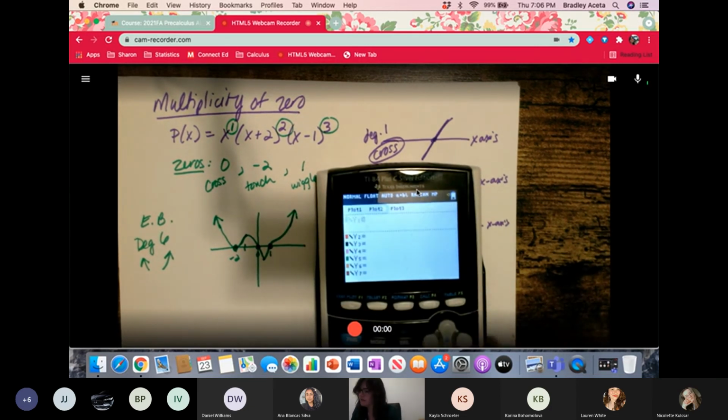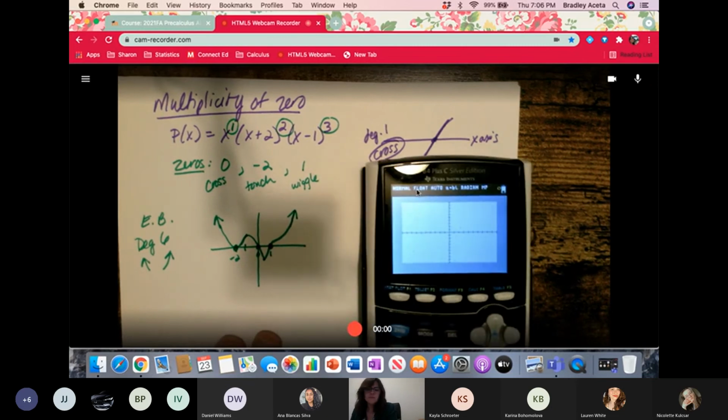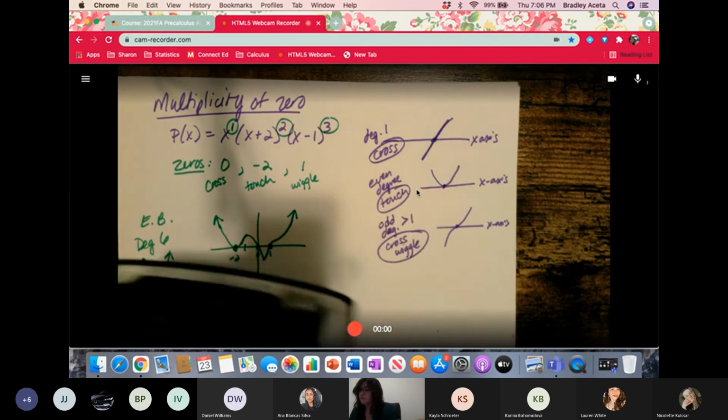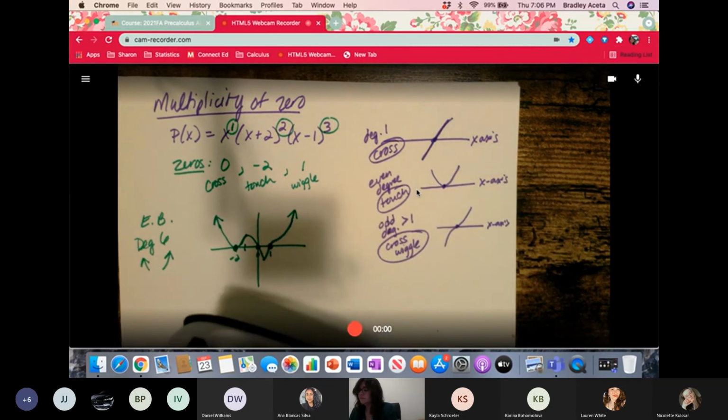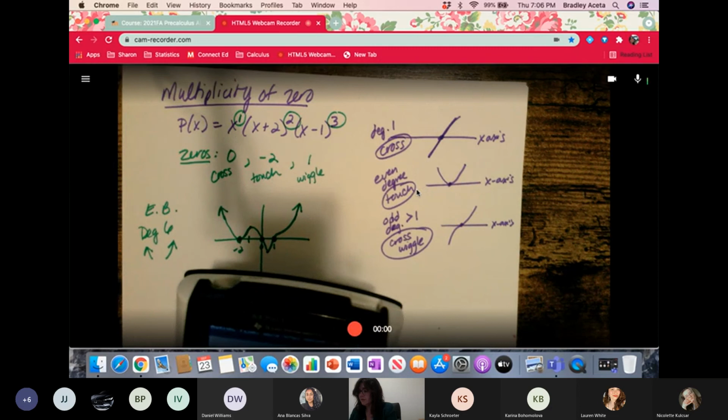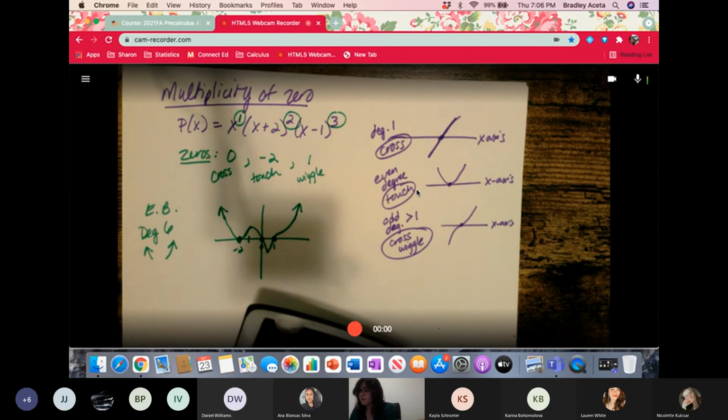So let's see, we'll leave it in factored form. x times x plus 2 times x minus 1. And let's see what it looks like. Well, it is not showing a pretty picture at all.